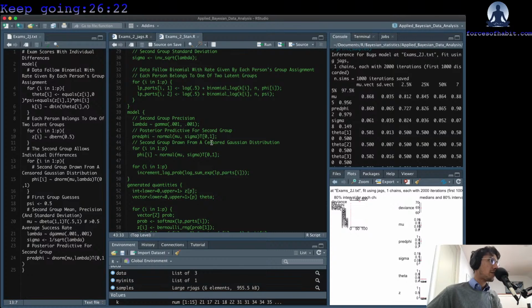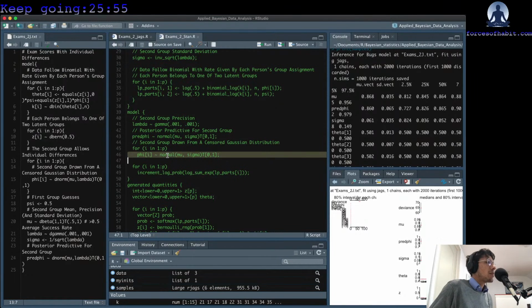And then the second group, from the sensor Gaussian distribution, is phi, normal, mu, sigma, 0, 1. Posterior predictive check, distribution for each of the phis.